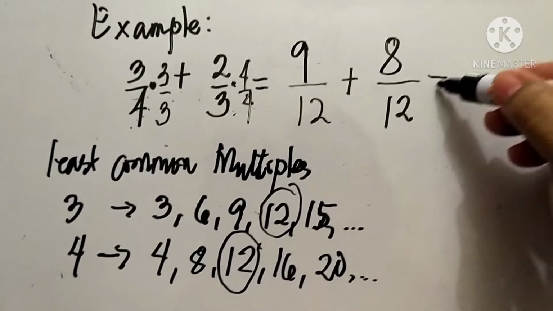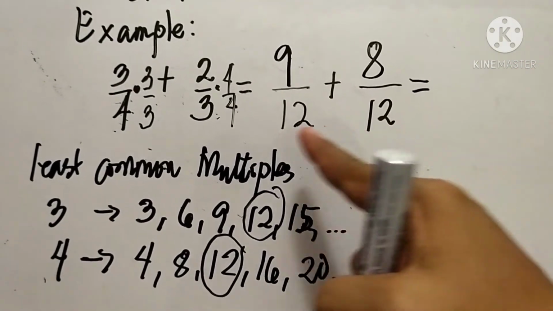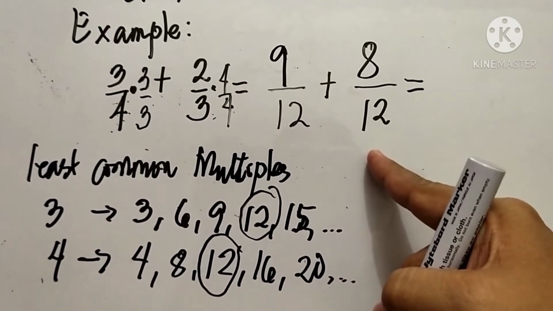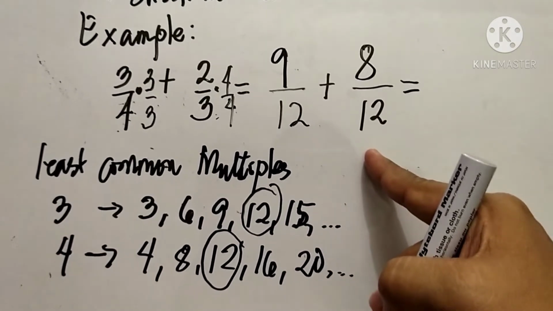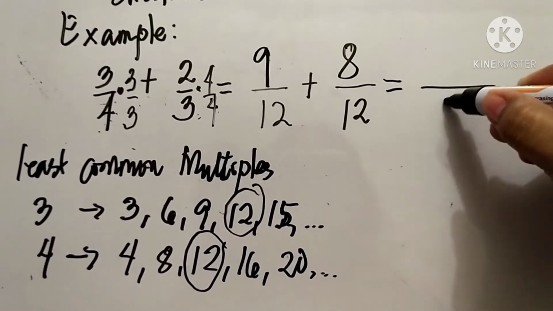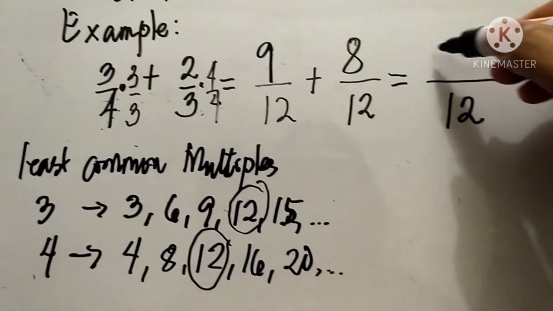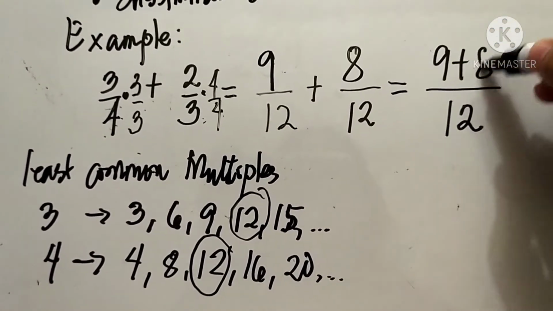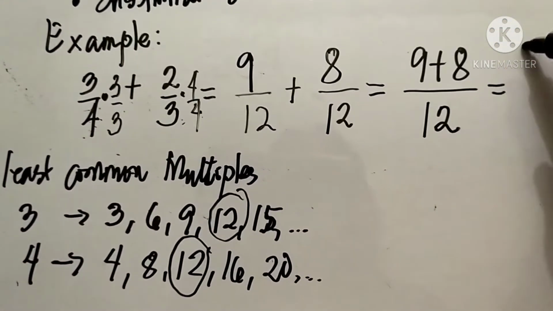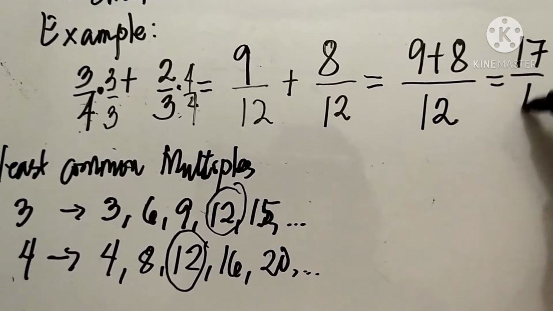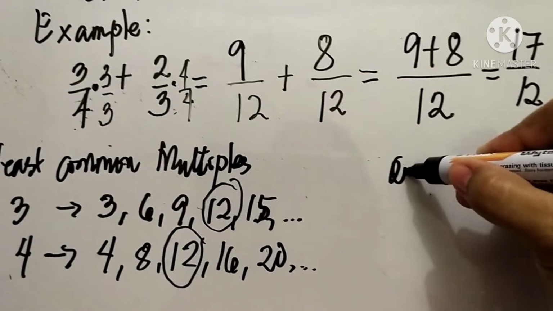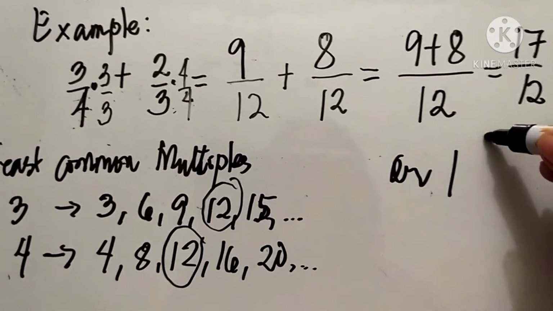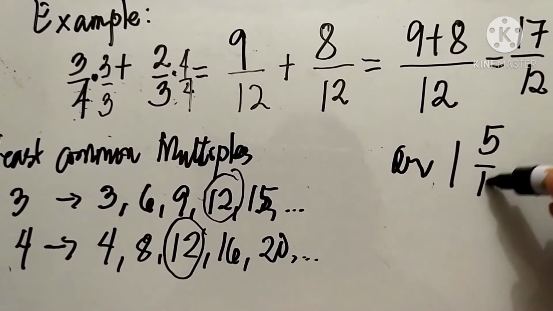So since the denominators are equal, we can just follow the rules on similar rational number. That is, copy the denominator and add the numerator. And that is now equal to 17 over 12, or 1 and 5 over 12.